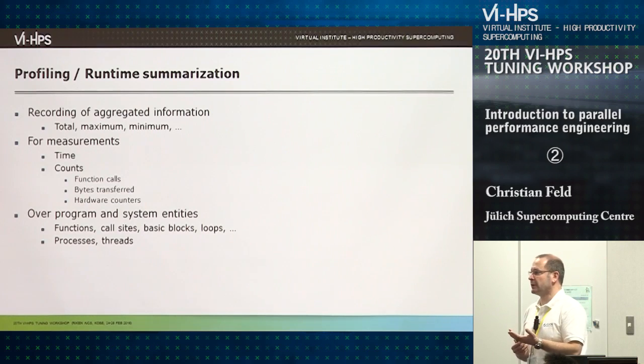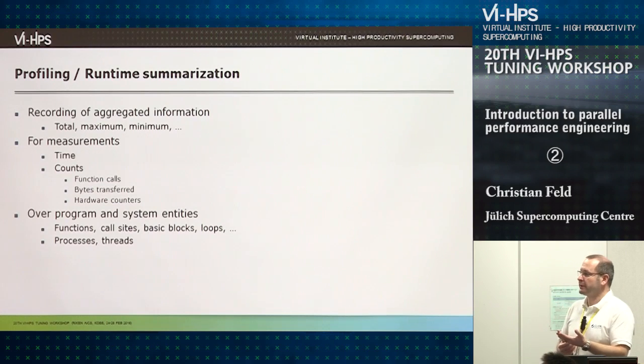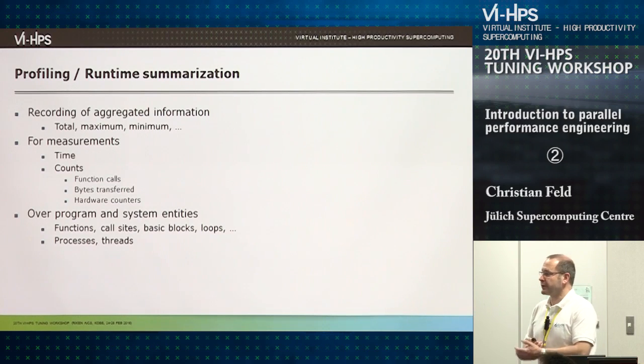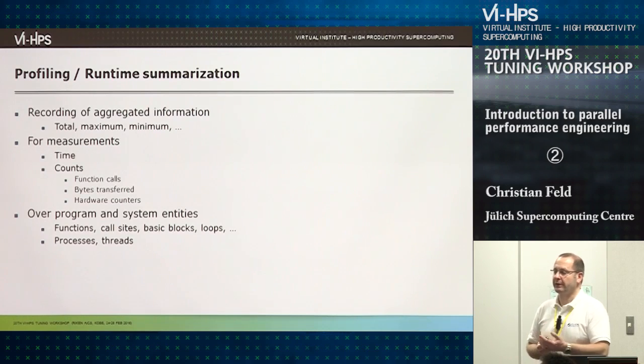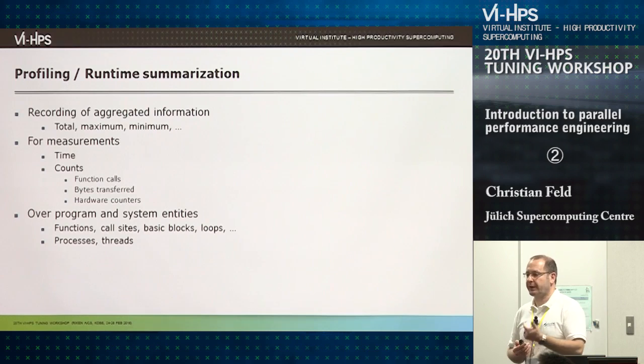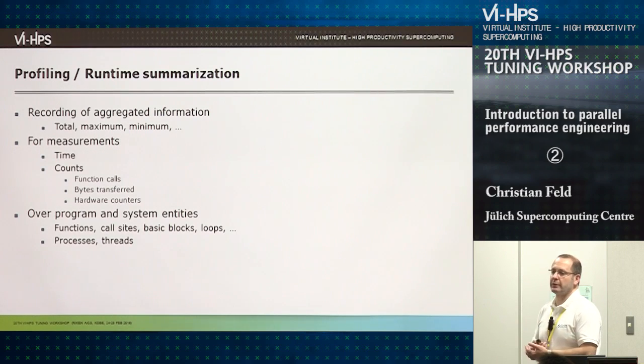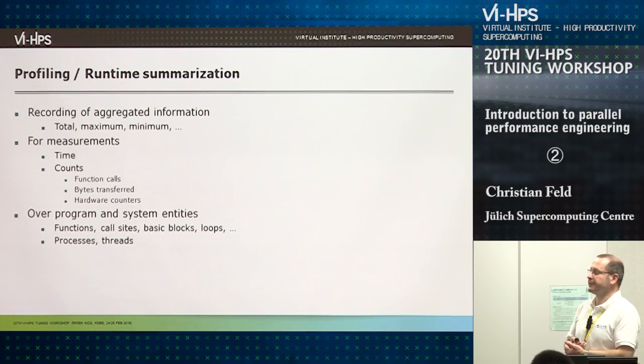So for example, if you have a function foo that is called 3 times, first time with the duration of 1 second, second time with 2 seconds, and third time with 3 seconds. In total, you have 6 seconds. But you also know that you have 3 calls, but you don't know the time for each individual call.